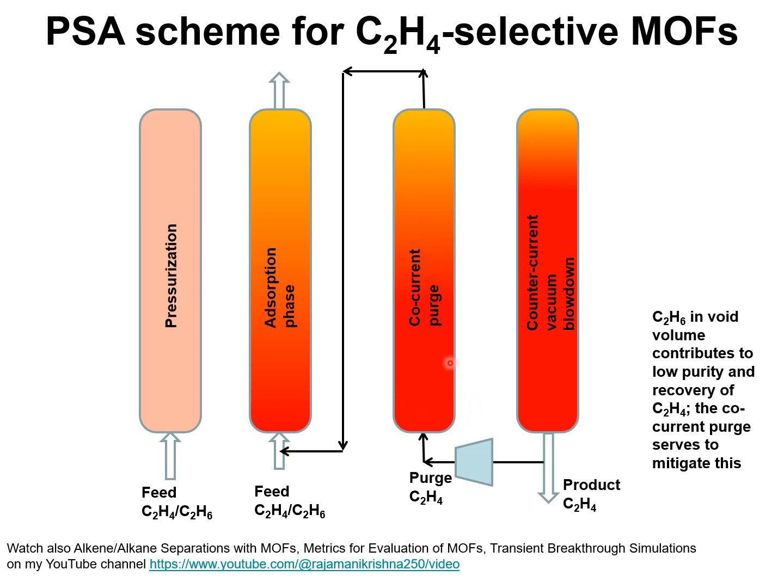The co-current purge phase is followed by the final fourth step that consists of countercurrent vacuum blowdown.